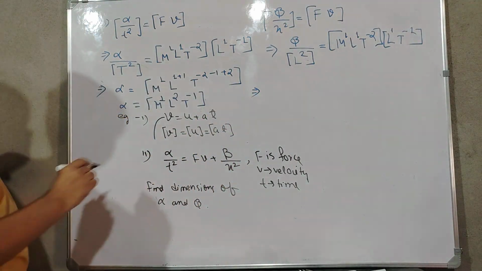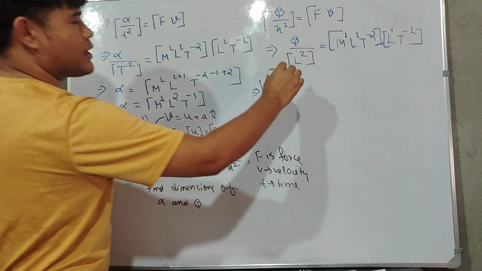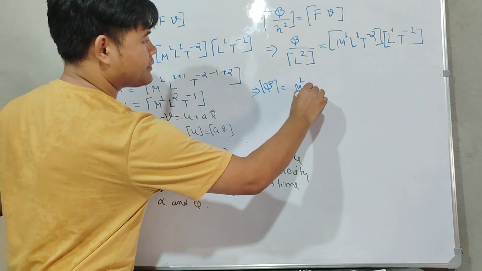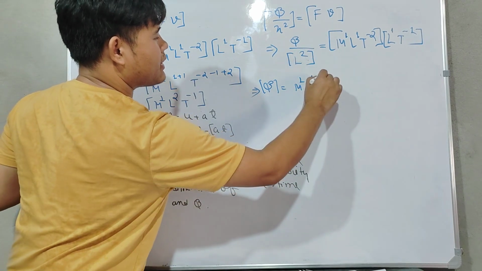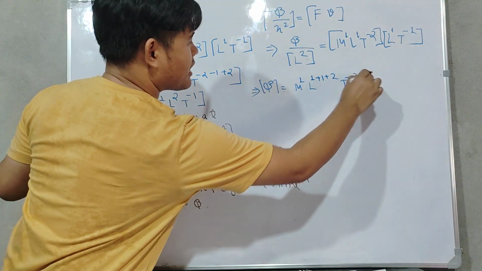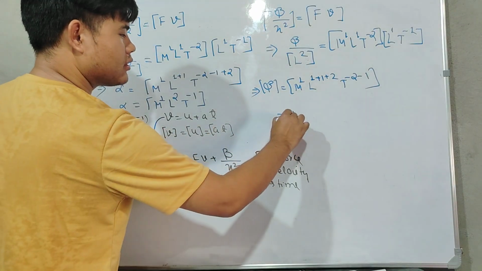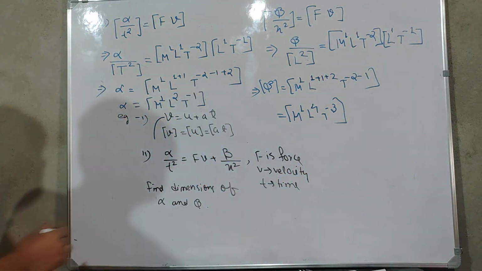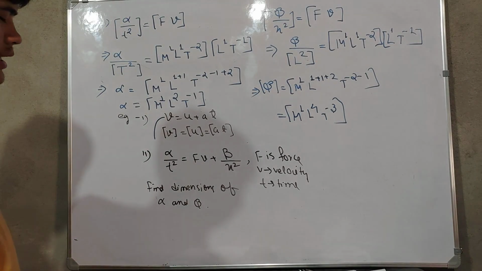So what will be next? Beta multiplied with this L square, so it will be M1 will remain as it is, and then L will be 1 minus 1 plus 1, and then when t will multiply, it will be plus 2, and then we have T to the power minus 2 and minus 1, so it will be M1 L4 and T to the power minus 3. So this is how we find the dimensions, right? So alpha and beta, we got their dimensions.